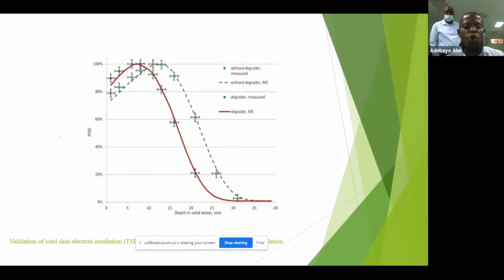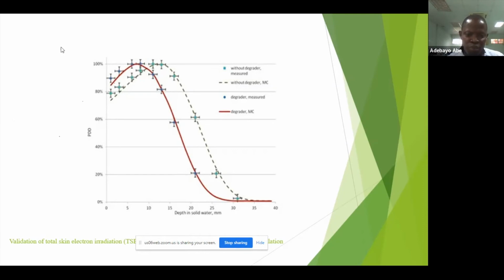But here it shows that when you use a spoiler or degrader, you have less photon contamination. That is to say, you have less shallow dose going beyond the skin. And this was just the Monte Carlo, in red, with the degrader and without degrader.